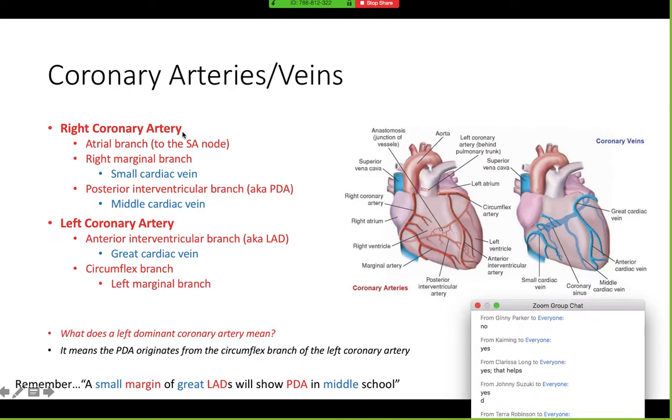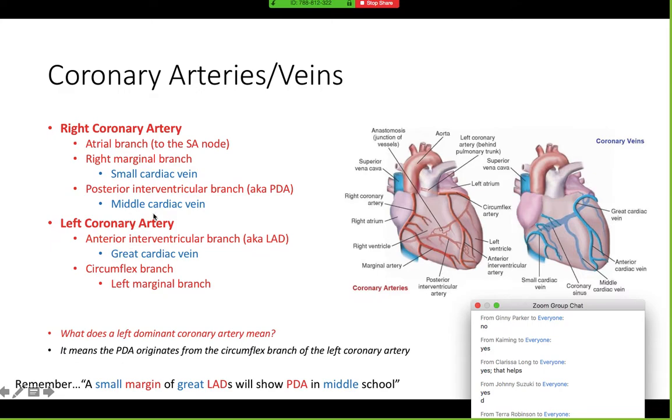This is something that you just have to study on your own. What I used to help me was a mnemonic: small margin of great lads will show PDA in middle school, to help associate the vein that runs along with the artery. Small margin refers to the fact that the small cardiac vein and the right marginal branch run together.